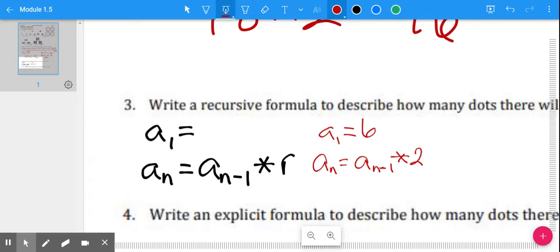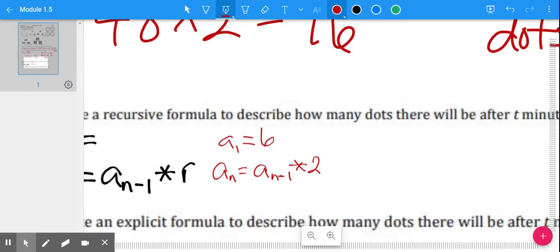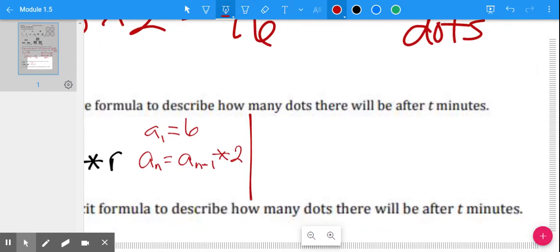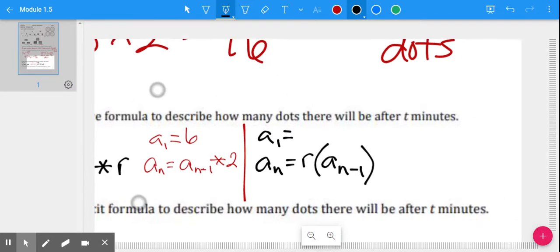So there is another way to write it, and this is the way that's on your formula sheet. So I do need to show you guys this as well, because on any standardized type testing, this will be the way that you see it. So when we have a sub 1 equals, and then a sub n equals r times a sub n minus 1. And r just means your ratio, what you're multiplying by.